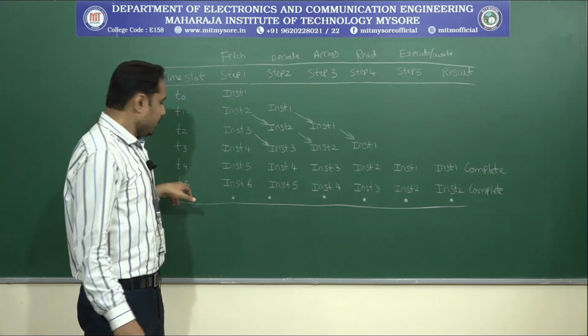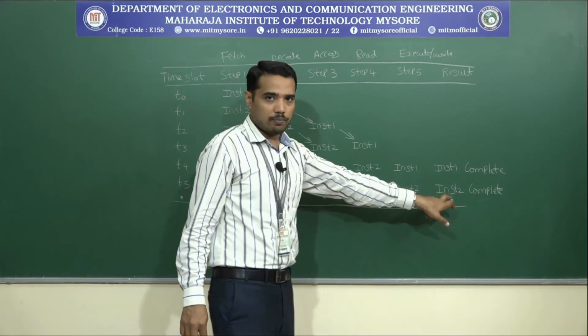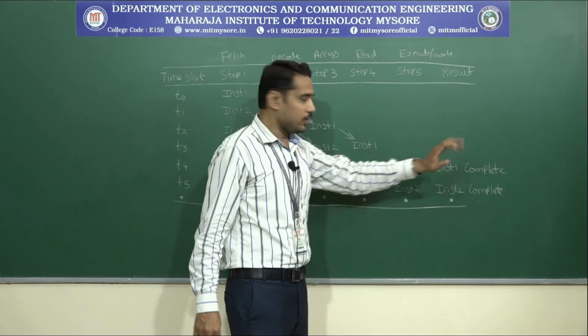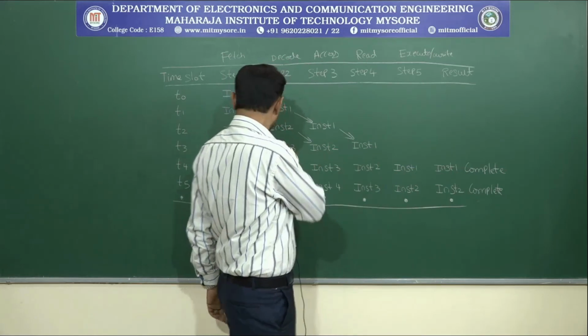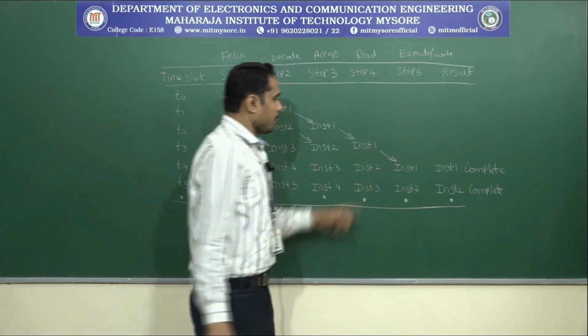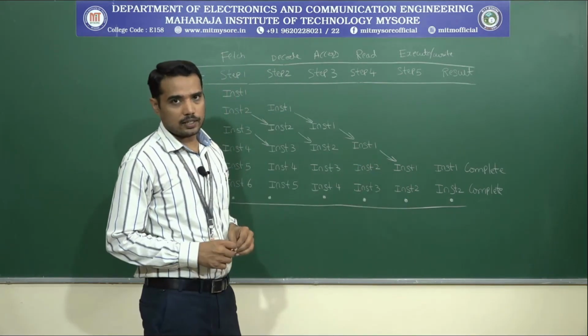At T5 we see that instruction 2 is completed, and at T4 instruction 1 is completed. That means from T3 to T4, instruction 1 is moved to execute or write.